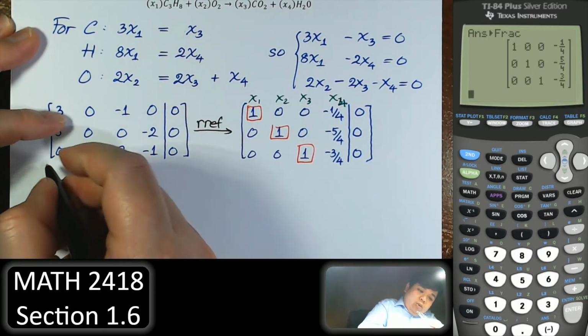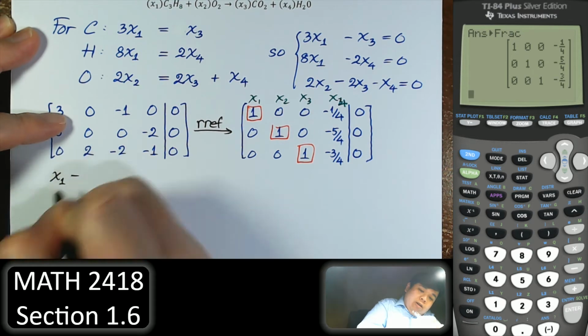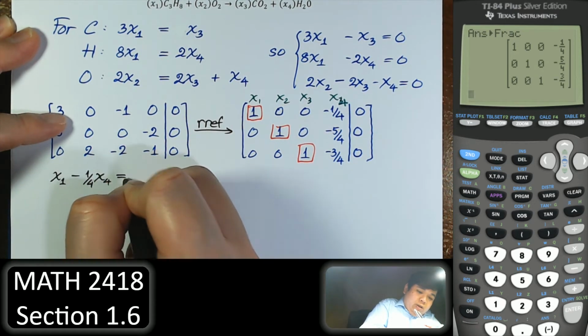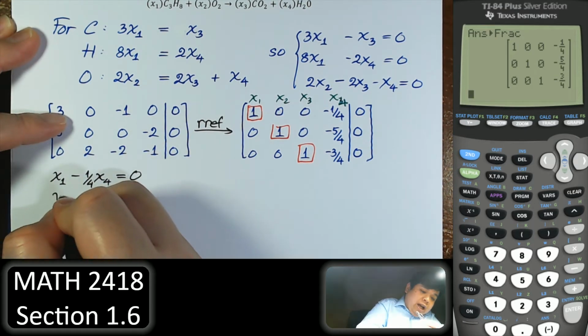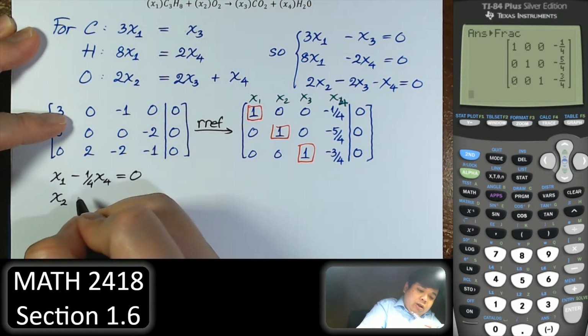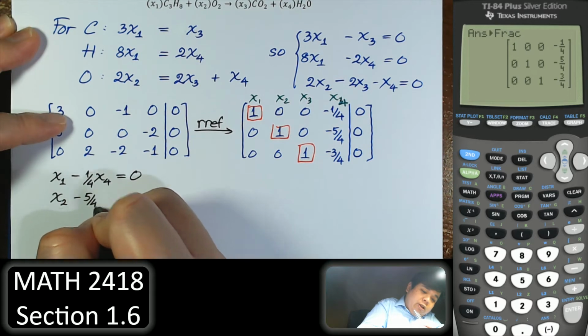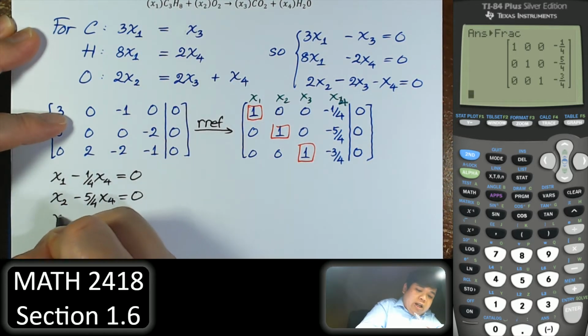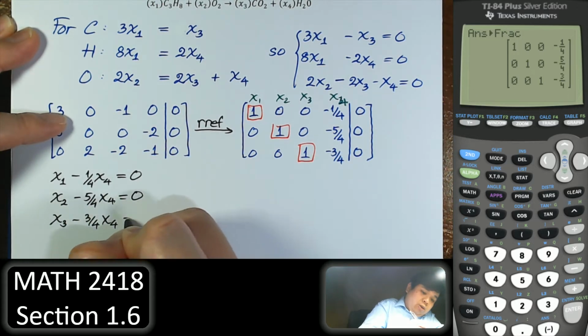x1 minus 1/4 x4 equal to 0, first equation. x2 minus 5/4 x4, second equation. Third equation, x3 minus 3/4 x4 equal to 0.